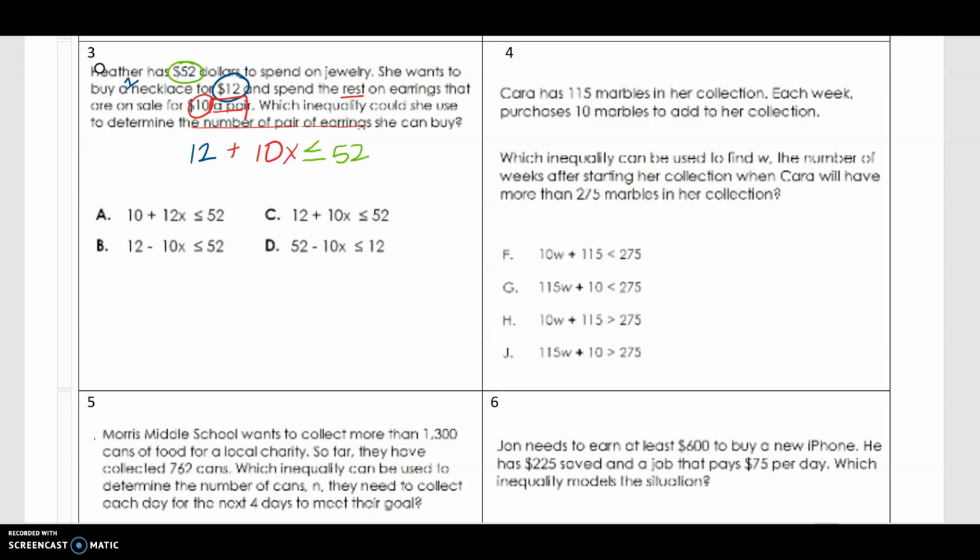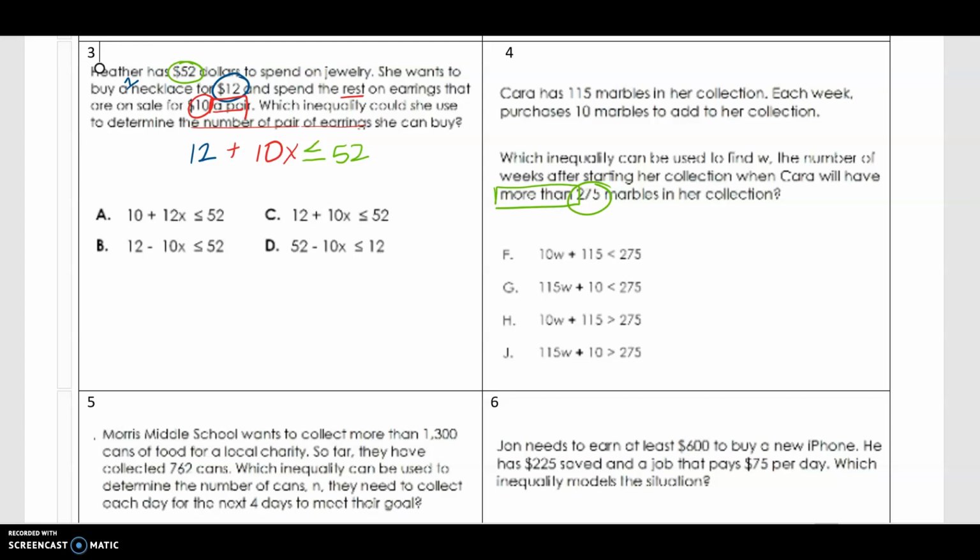Number 4, Kara has 115 marbles in her collection. Each week, she purchases 10 marbles to add to her collection. Which inequality can be used to find W, the number of weeks after starting her collection, when Kara will have more than 275 marbles? So more than is our keyword that's telling us which inequality sign we should be using.